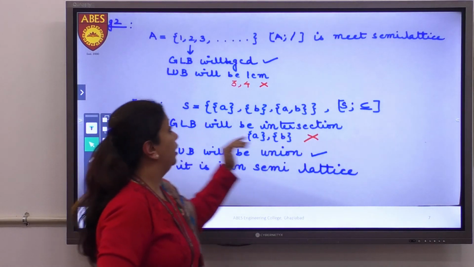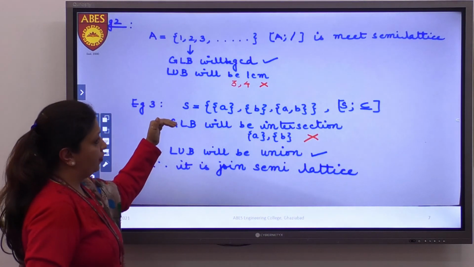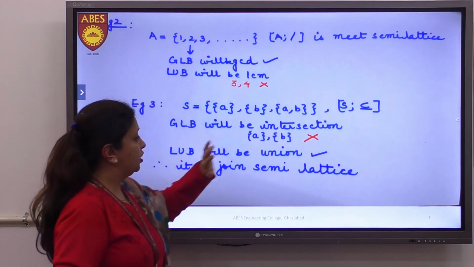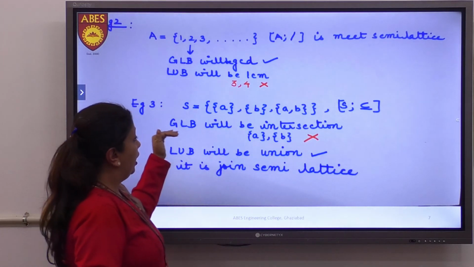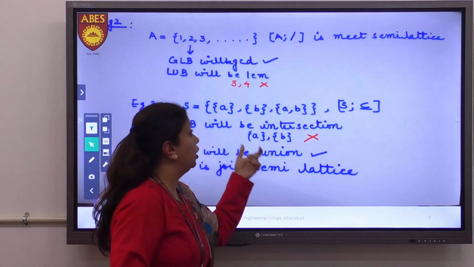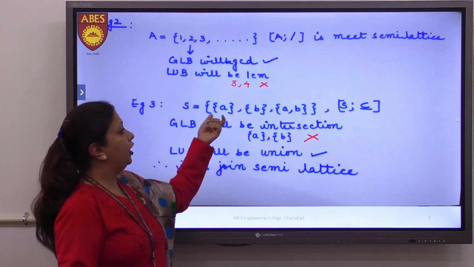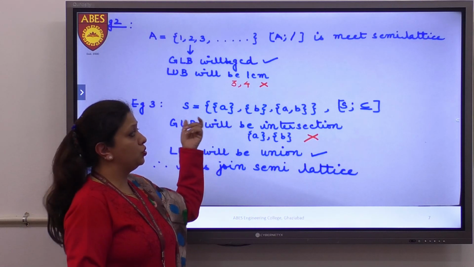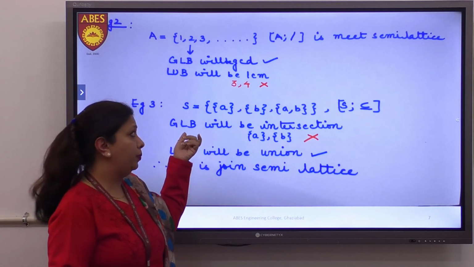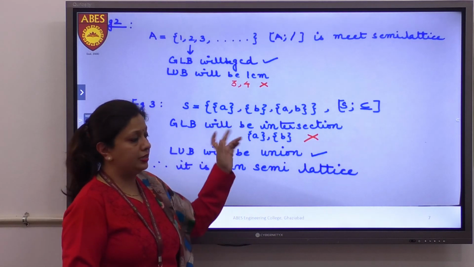Now next example we have S that contains phi, A, B, AB and subset is the relation. So here again if I want to find out GLB, I have to find out the intersection. So if I find out the intersection of A and B, it should be phi, which is not in the set. So I can say that GLB does not exist for every pair. For A and B it doesn't exist.